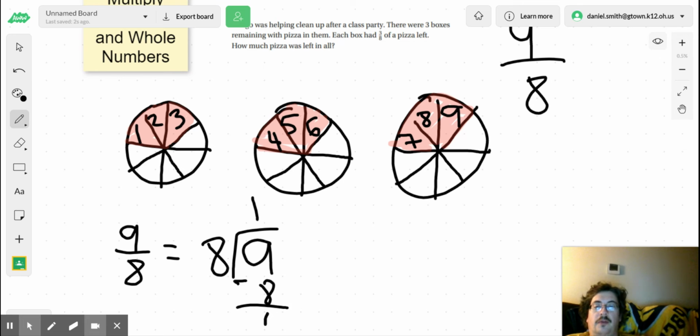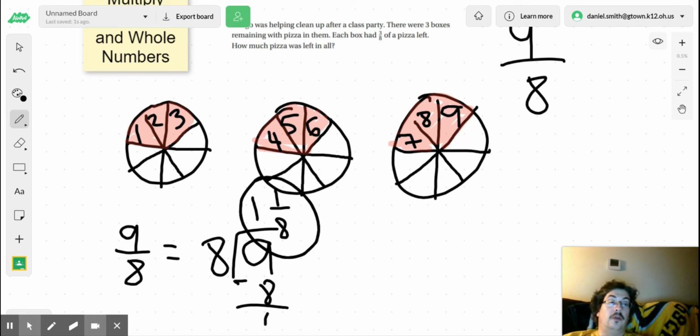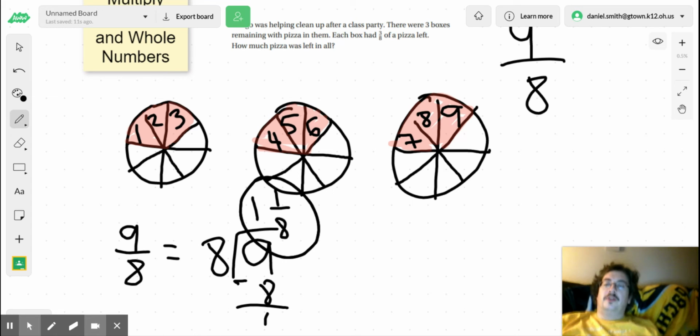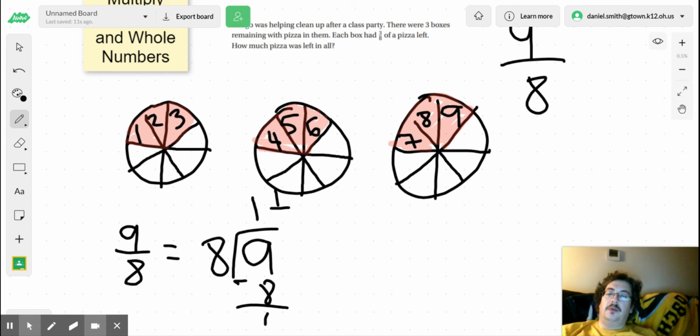And then I can convert my remainder 1 into a fraction by writing it over the divisor 8. And so I have 1 1/8 pizza left, or 9/8 pizza left, if you want to leave the answer as an improper fraction. But there's different ways still that we could solve this problem.